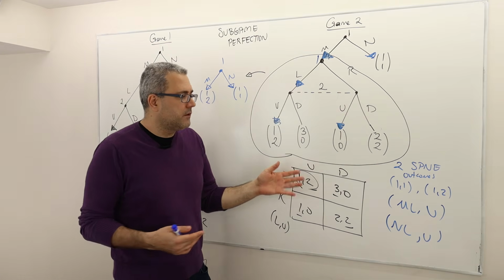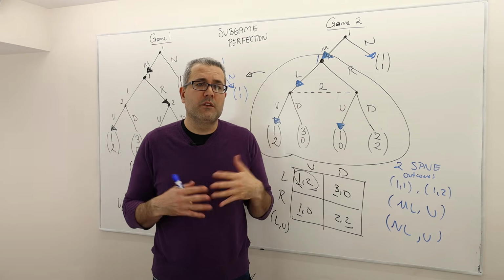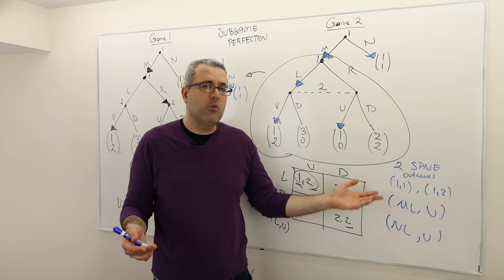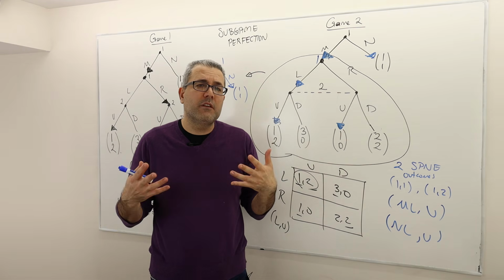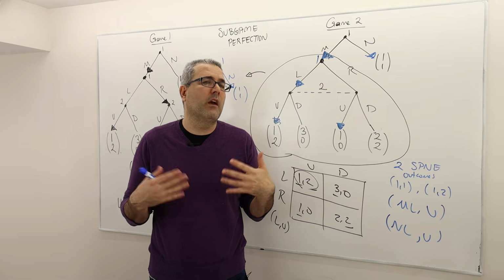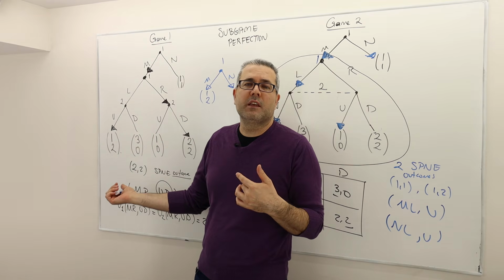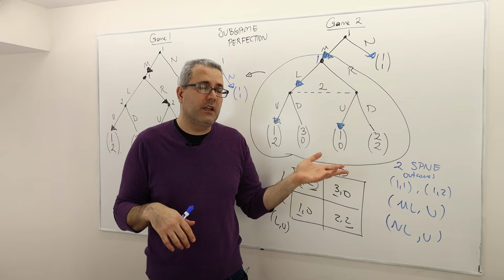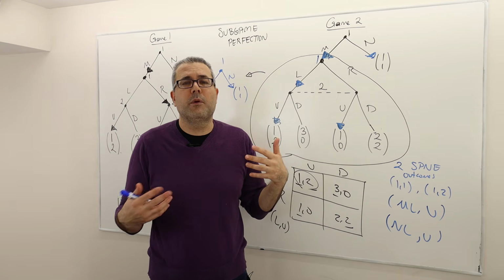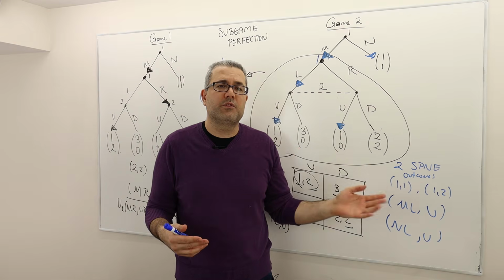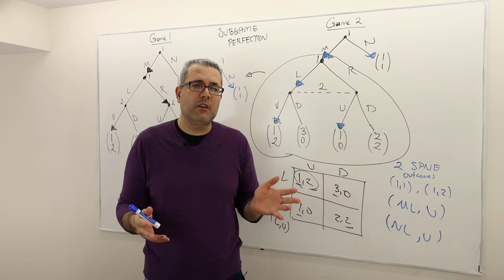In this game, however, our solution concept leads to two potential solutions. It could be 1-1, it could be 1-2. But nevertheless, player 1 is going to get a payoff of 1, right, which is less than the payoff he can get here. Player 2, however, may or may not get a payoff of 2. That depends on which equilibrium strategy profile they end up playing.